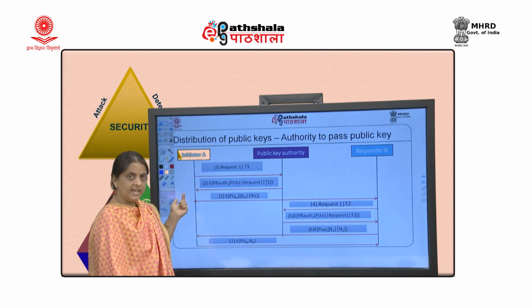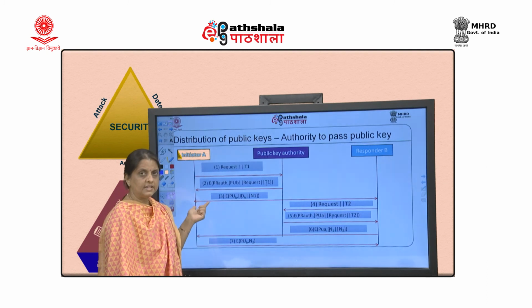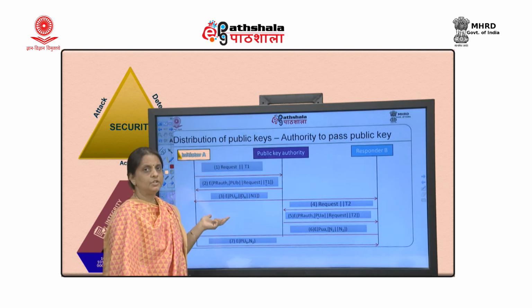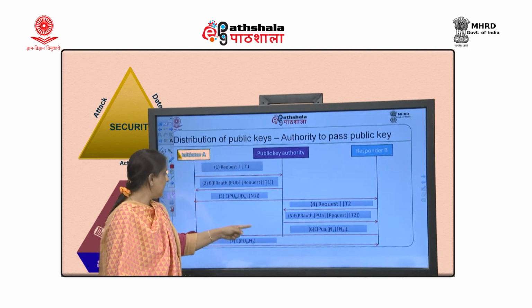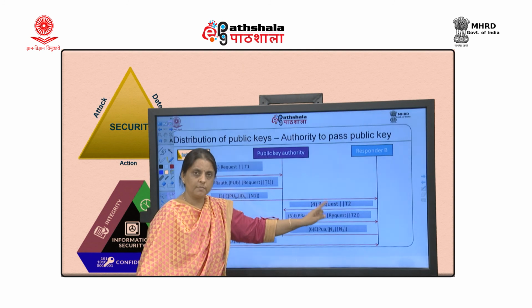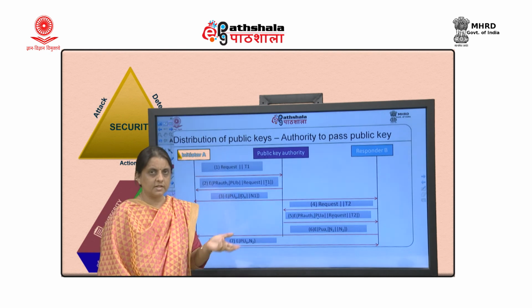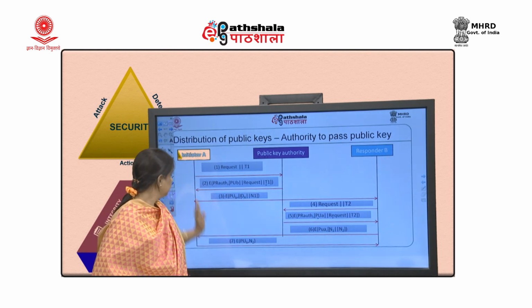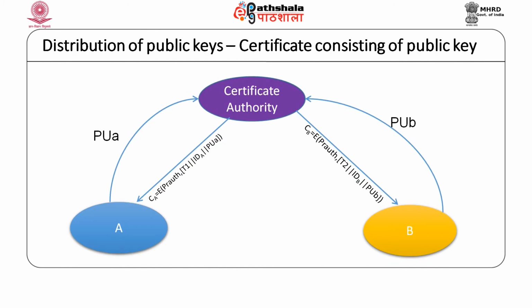A verified the N1 is the same that it sent, so that it can verify that it has definitely talked to B. And the second thing is that B has sent N2 as well, which will be sent back to B, so that B can find out that it has talked to the person A, who was the genuine person. So, what has been observed is that N1 and N2 are used for the handshaking process.